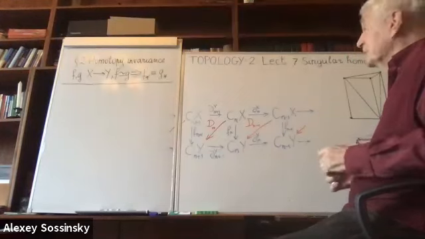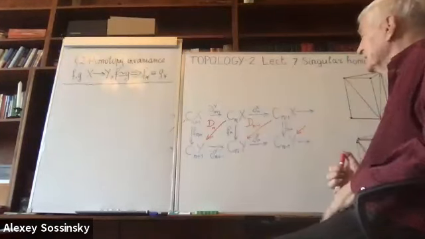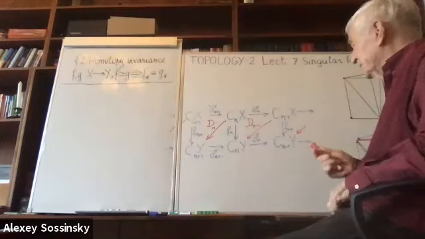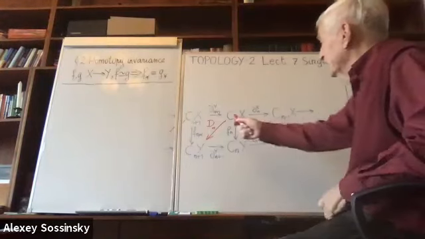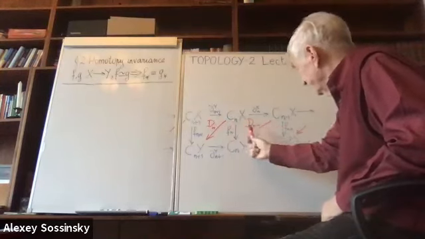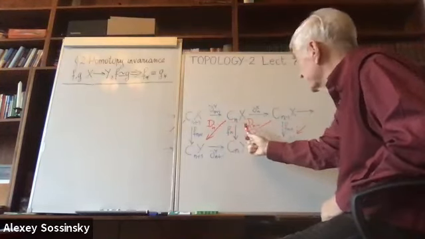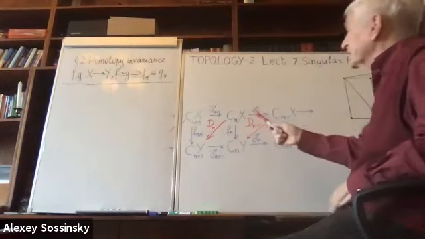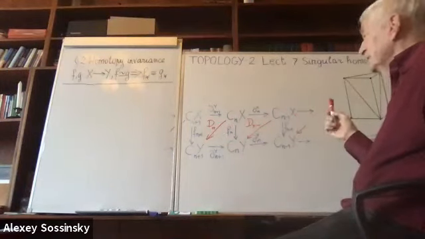So the difficult part of the proof is the actual construction of these homomorphisms. Together they constitute what is called a chain homotopy.